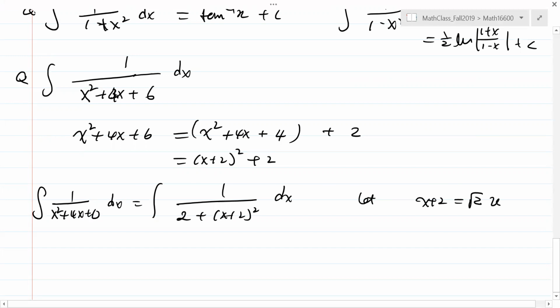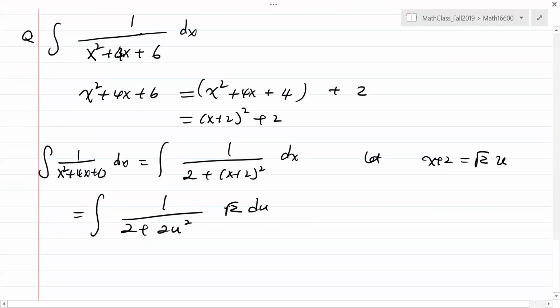So u is going to be x plus 2 divided by square root 2, because when x plus 2 equals square root 2 u, then when you square, you get 2u squared, plus 2, right? Then your 2 can be taken out. And what is dx? dx is square root 2 du, right? All right, so after you simplify a little bit, you get the simplest form of the integral.